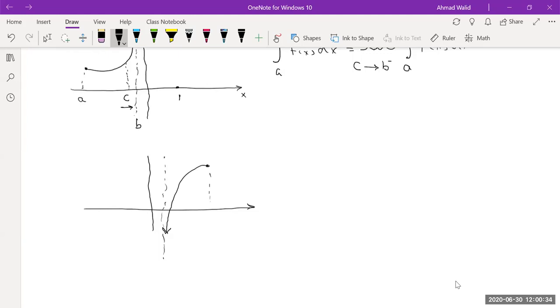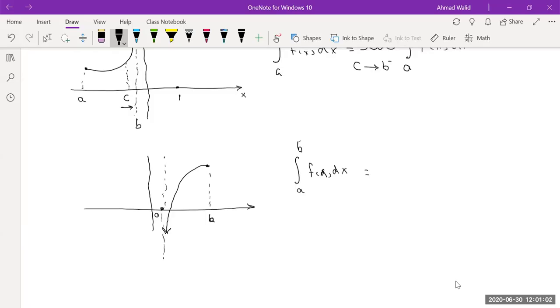If I name this point A, this point B, and this vertical asymptote A, if I have an integral f of x dx from A to B, to find this integral, you see A is the vertical asymptote.